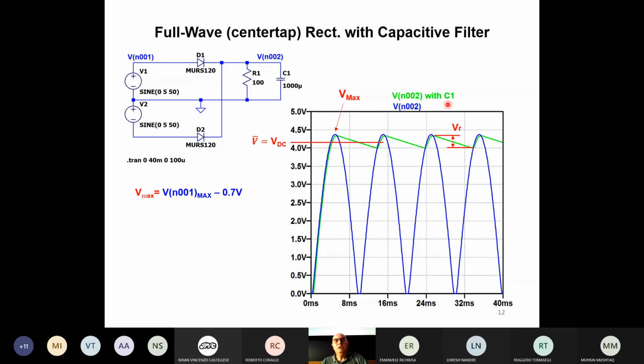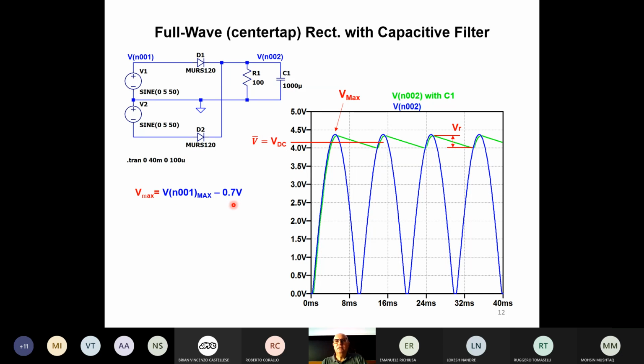So the total green line is given by the sum of VDC plus the ripple voltage. The maximum voltage on the capacitor, Vmax, is given by the maximum input voltage minus 0.7, the knee voltage of the diode.